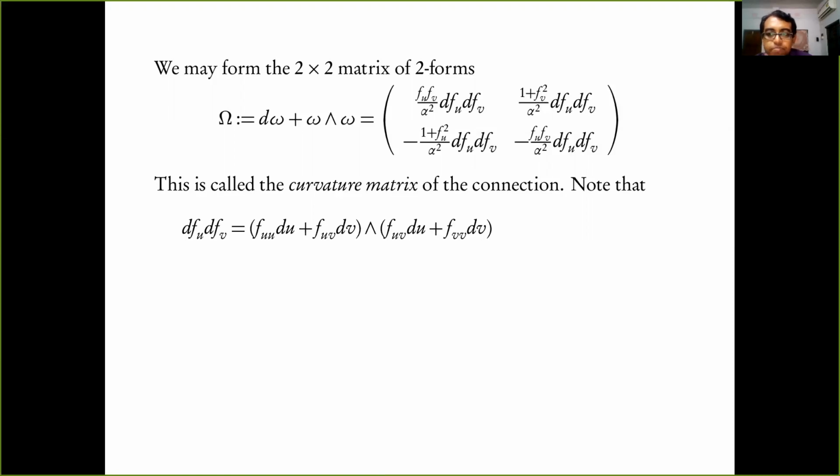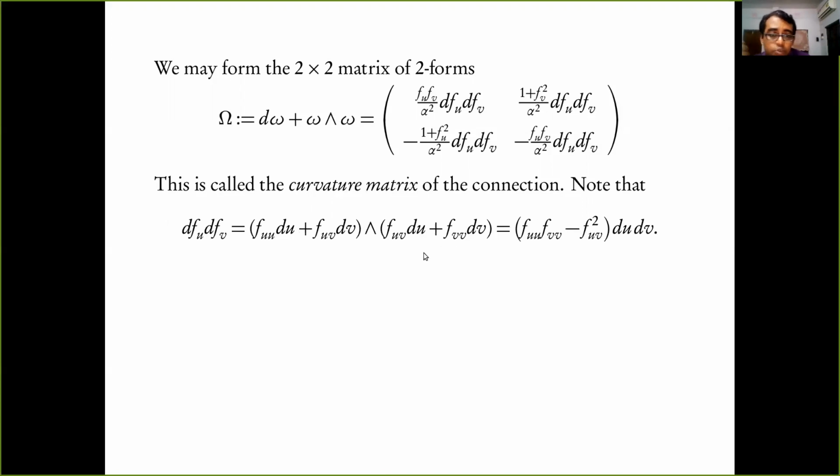Okay. So before we say anything more, let's just simplify this two form that has been popping up, dfu wedge dfv. What is that? Well, recall dfu, as we discussed, was fuu du plus fuv dv, wedge fuv du plus fvv dv. So if you calculate the wedge, what does it become? It's fuu fvv minus fuv fuv.